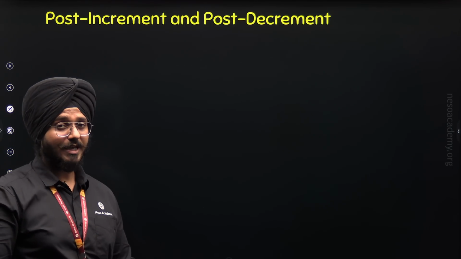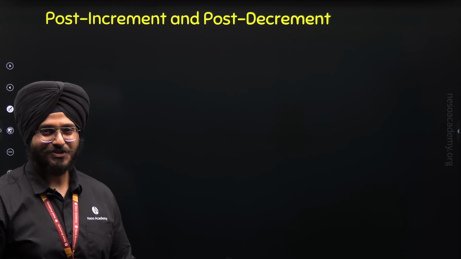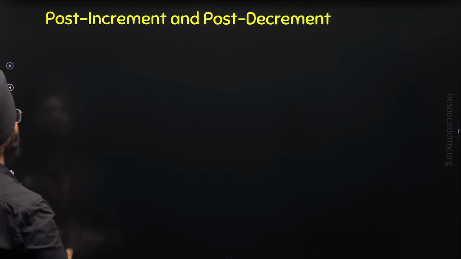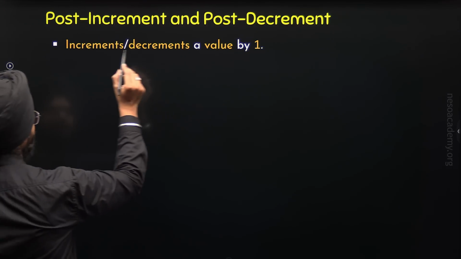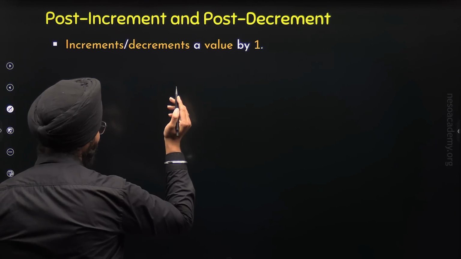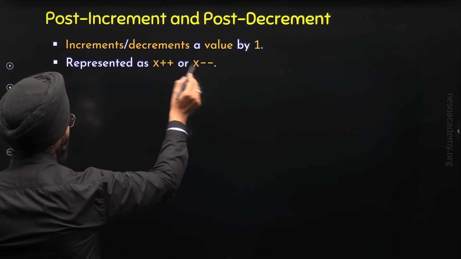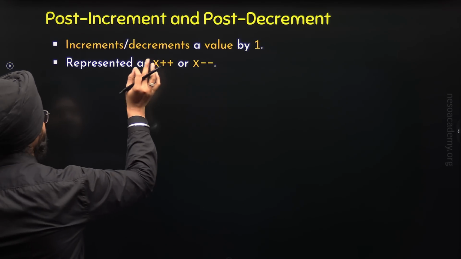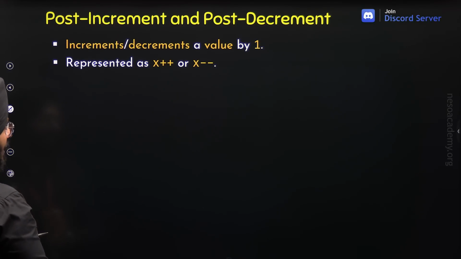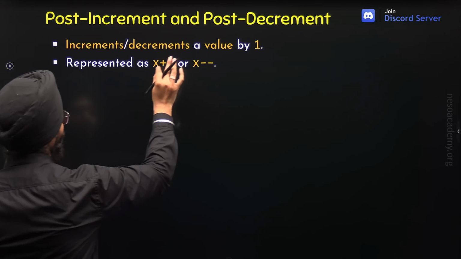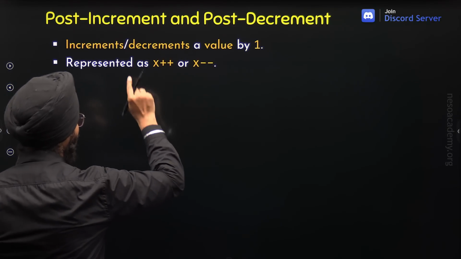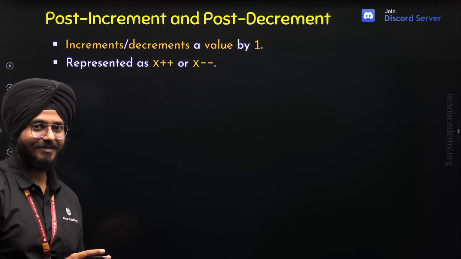So what are post-increment and post-decrement operators? Again, with the help of these operators, we can increment or decrement a value by 1. They are represented as x++ or x--, where x is some variable. Here you can observe that these operators are applied after the operand.